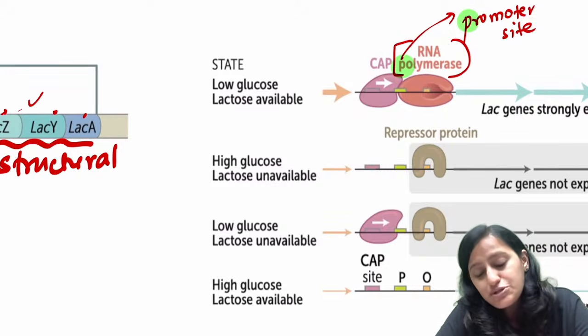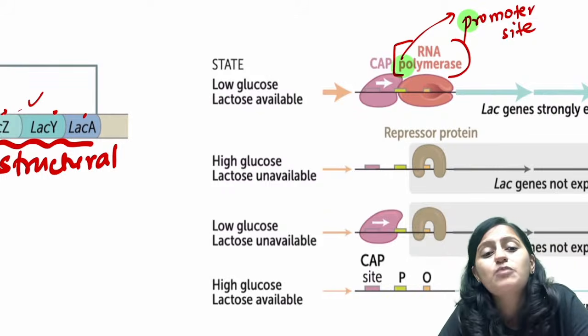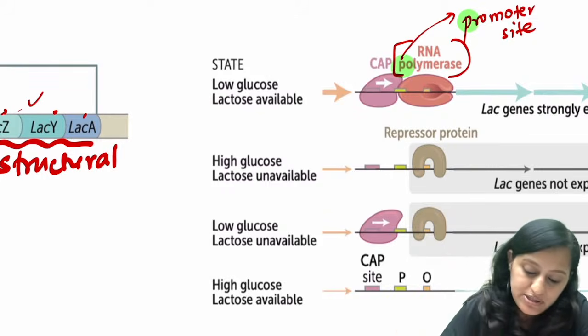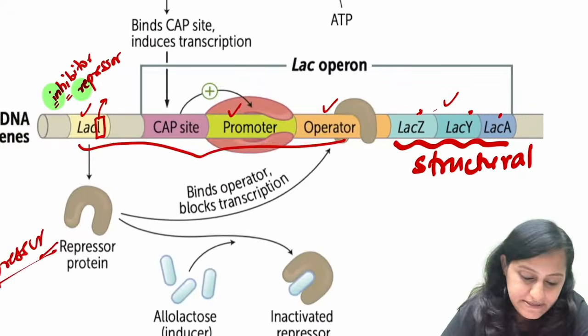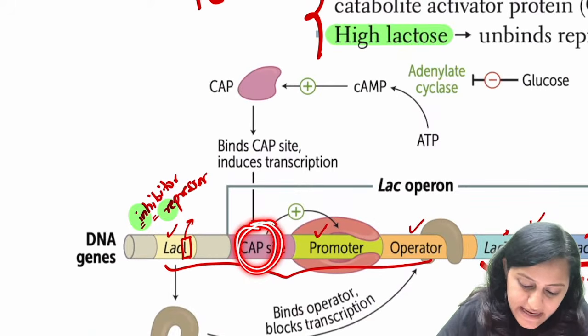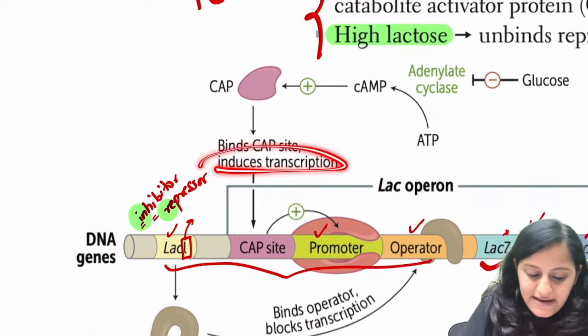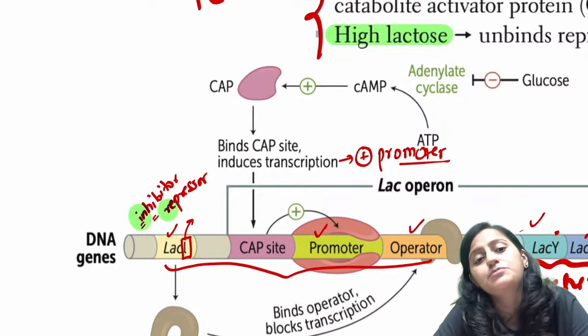Now you also need to understand what promotes the binding of RNA polymerase to the promoter site. It is the binding of CAP to the CAP site. So you have the CAP site here where CAP binds, and it induces transcription by promoting the binding of RNA polymerase to the promoter.